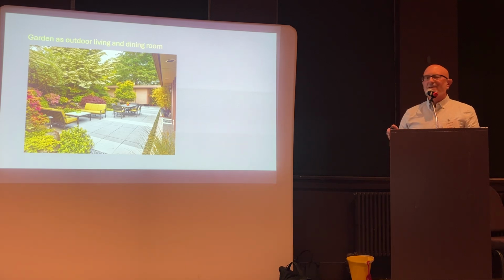The reason it wasn't this image is that this was a professional photograph that was subsequently taken. And there was no accident as to why she chose this picture. It's because it shows an outdoor room that is intended as an outdoor dining room and an outdoor living room. And so it's very clearly designed as a programmed space, you might say. It's programmed for dining and for outdoor living.